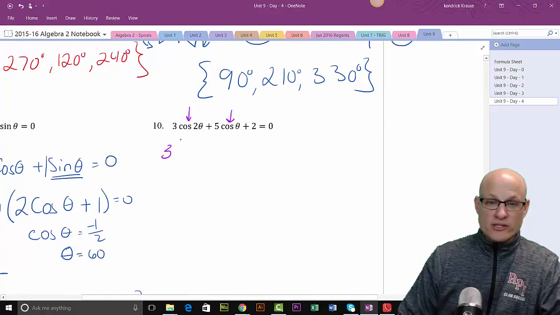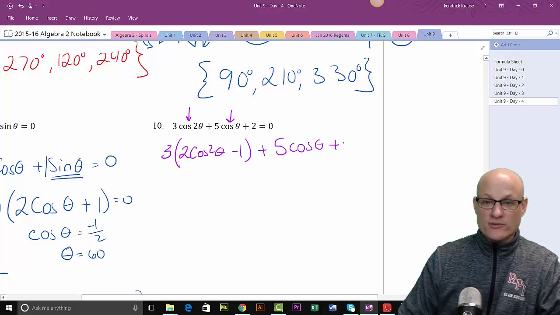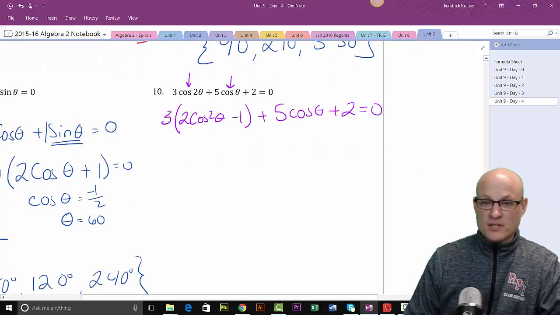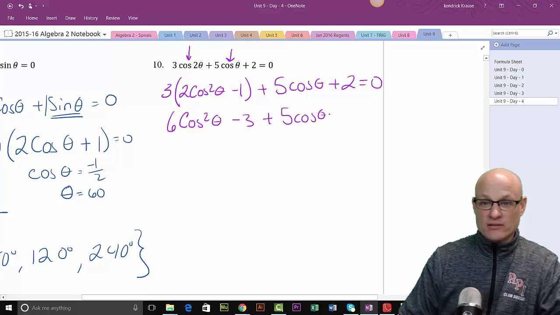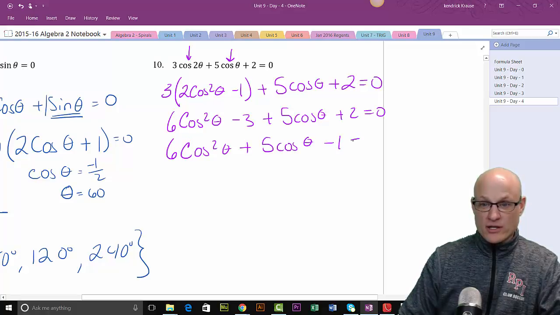So this is 3 times 2 cosine squared theta minus 1 plus 5 cosine theta plus 2 equals 0. Distribute. I get 6 cosine squared theta minus 3 plus 5 cosine theta plus 2 equals 0. Almost there. 6 cosine squared theta plus 5 cosine theta minus 1 equals 0.